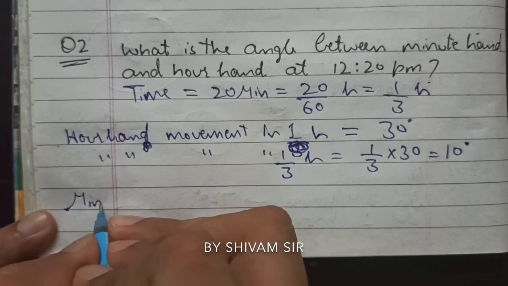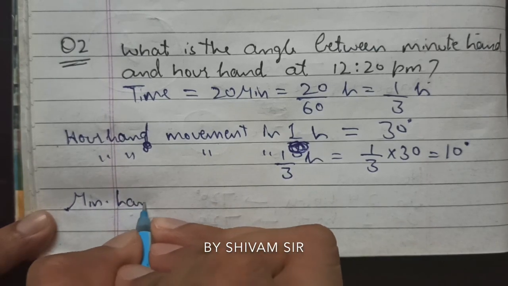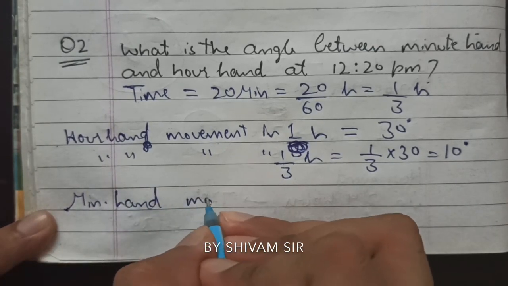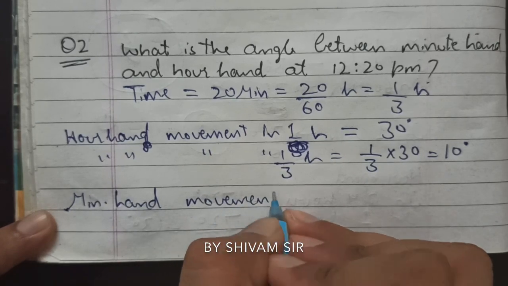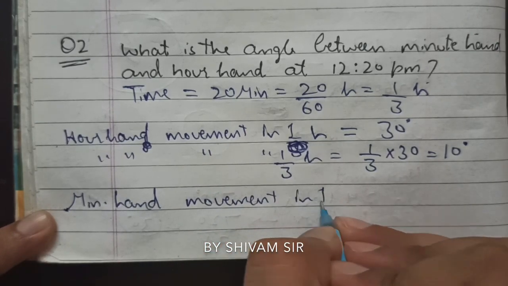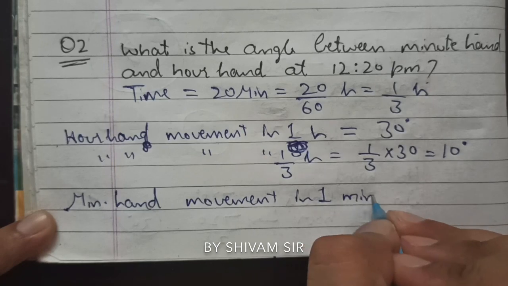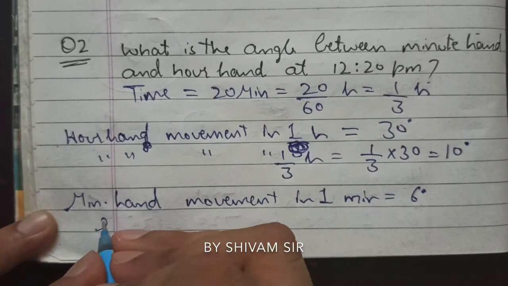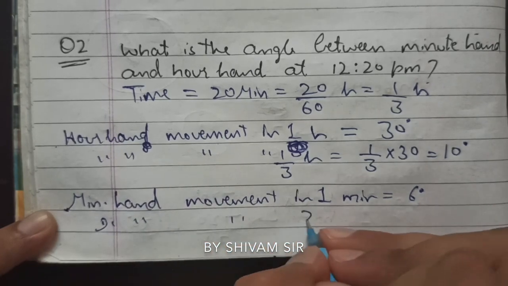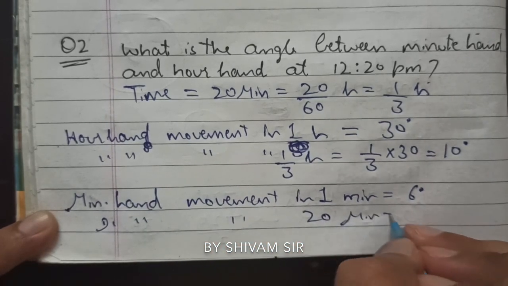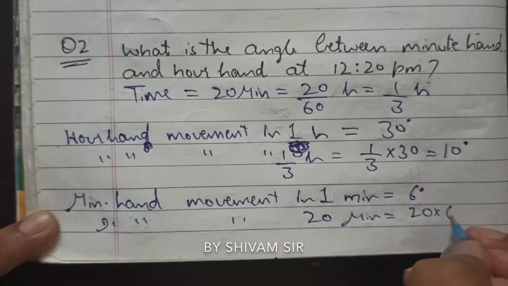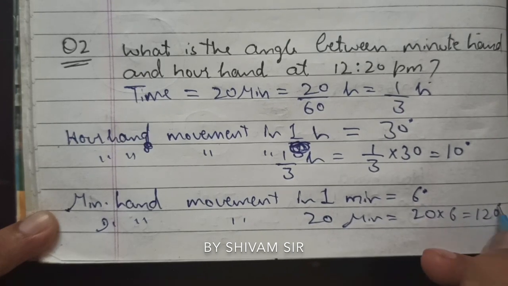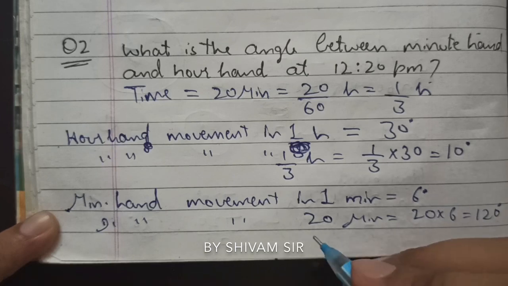So the minute hand movement in 1 minute. So in 1 minute, the minute hand moves 6 degrees, right? So the minute hand movement in 20 minutes will be how much? 20 multiplied by 6, which is 120. So the minute hand moves 120 degrees in 20 minutes.